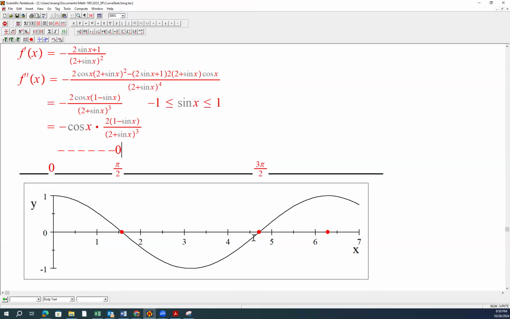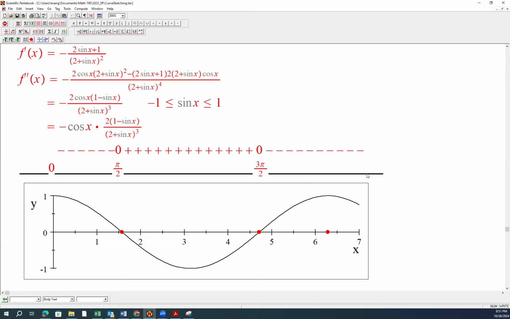If this piece is negative, negative times negative is positive, so that's positive. And over here it is going to be 0 again. From 3 pi over 2 to 2 pi, cosine is positive, and the second order derivative is going to be negative.